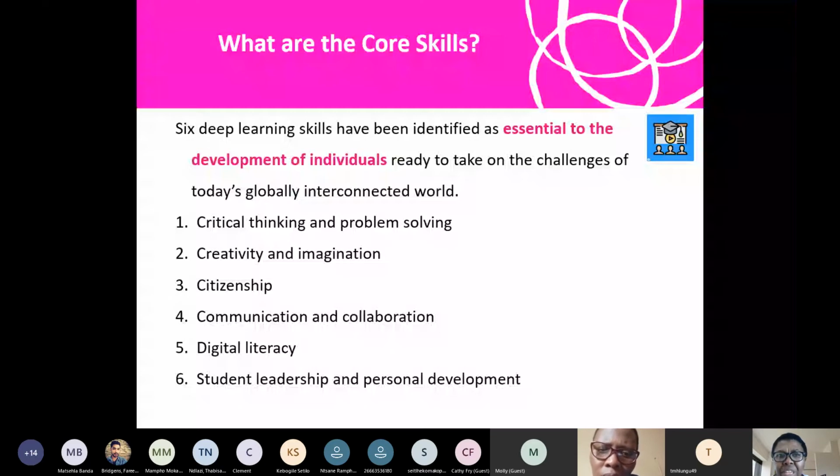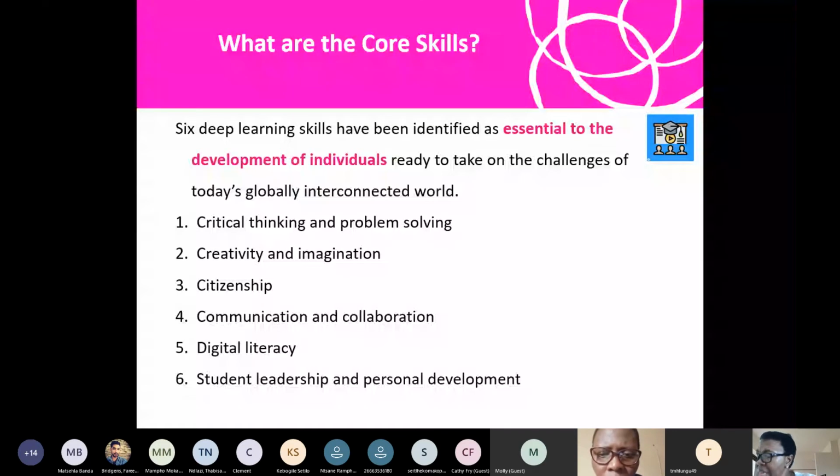And again, one of the things that we have said in the past weeks is, as Lesotho citizens, as Wales citizens, as South African citizens, at the end of it all, we are all global citizens. Hence, we have to have these 21st century skills. Hence, we need to understand the core skills, because they are preparing us for global citizenship.